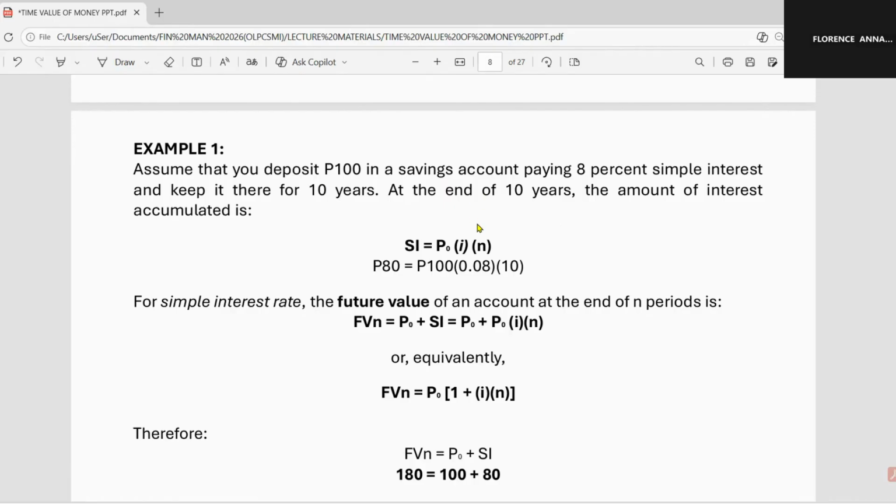At the end of 10 years, the amount of interest accumulated is how much? So, sabi natin, ang formula for simple interest is principal times interest times the number of periods. So, 100 times 0.08 or 8% times 10, you get 80 for your simple interest.